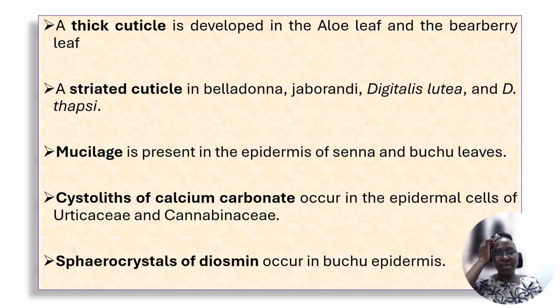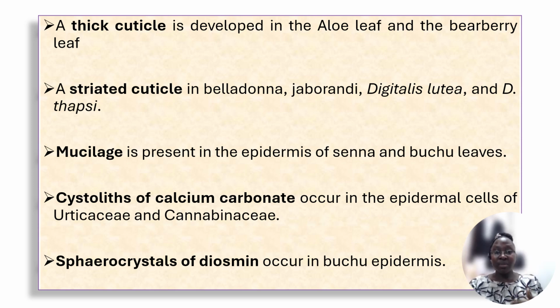There is a thick cuticle which is developed in aloe leaf and the bearberry leaf. I said earlier, this is characteristic of most xerophytic plants, the plants that can persist in drought. We have striated cuticle, which is found in belladonna, jaborandi, Digitalis lutea, and Digitalis thapsi.